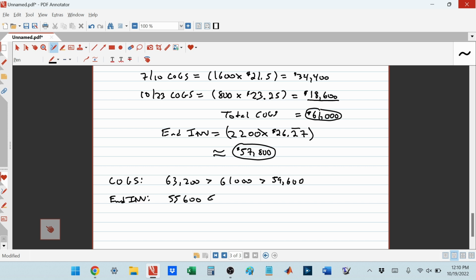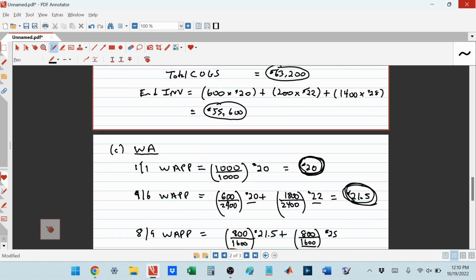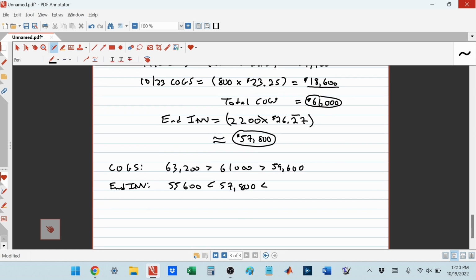That's smaller than the weighted average ending inventory that we calculated just a minute ago, 57,800. And that's smaller than the FIFO ending inventory of 59,200. So we satisfied the inequalities. Again, that doesn't mean we didn't make an error, but it gives us an indication that we're on the right track. And that concludes this video.